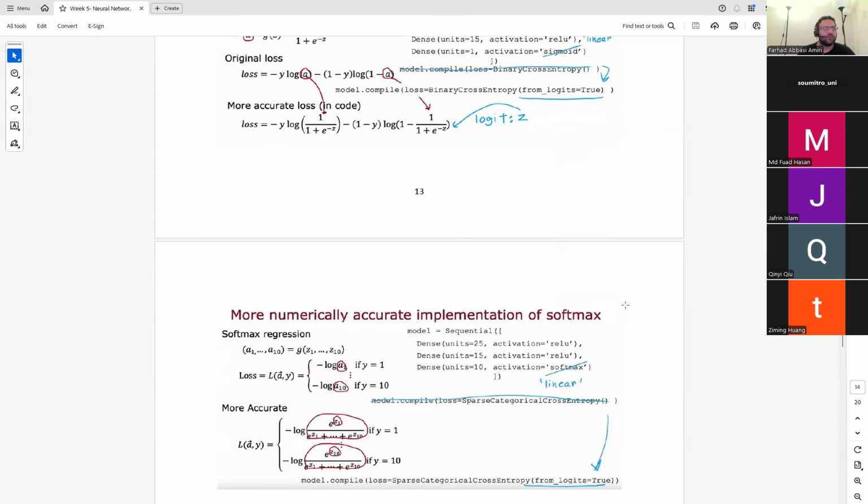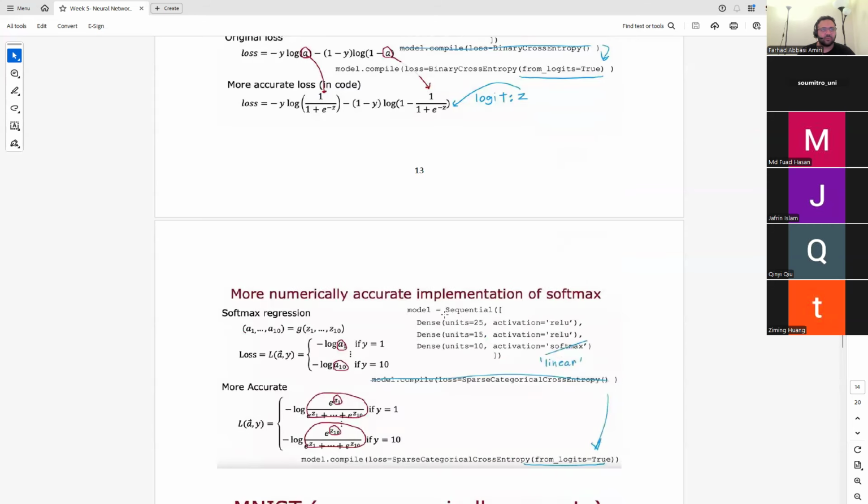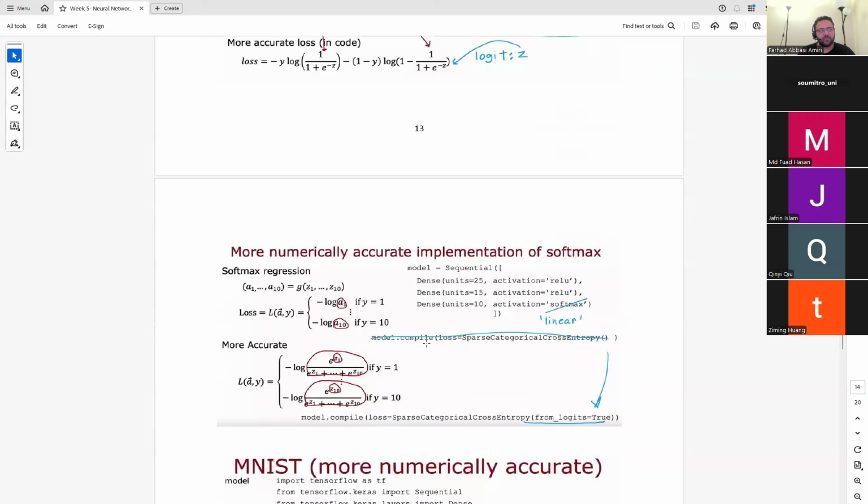The same thing applies to multi-class classification. For the model, you use the sequential of 3 layers, and for the last one, instead of using softmax, you replace it with linear activation. Then you compile your model, using the model compile loss function, and you activate the logits.